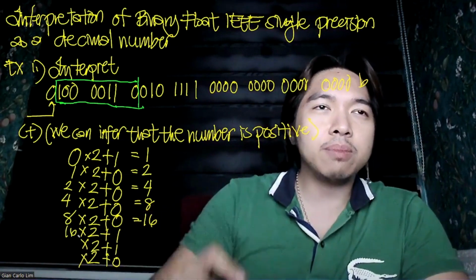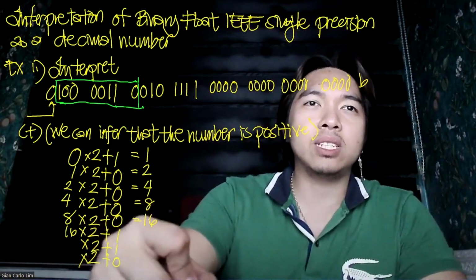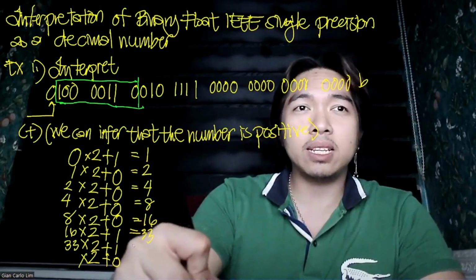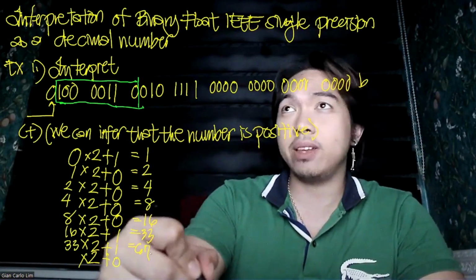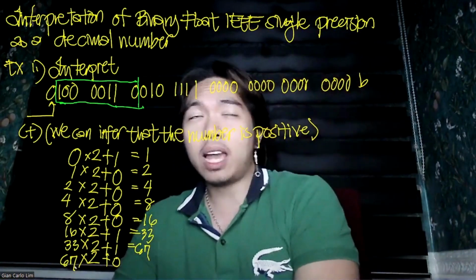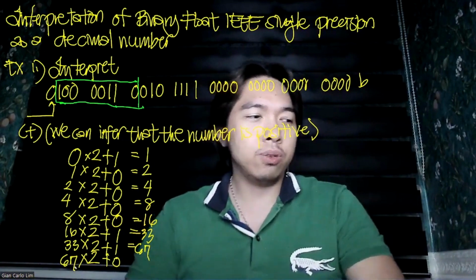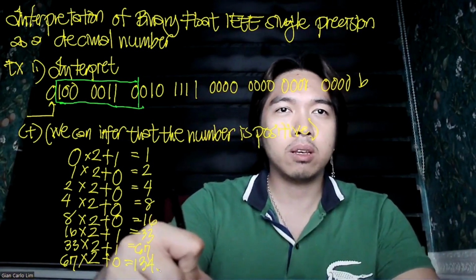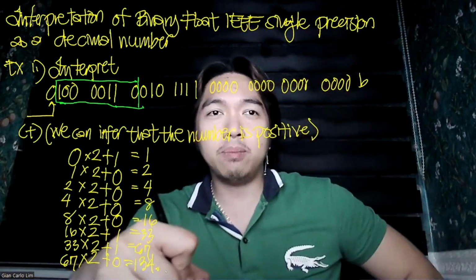So, 16 times 2 is equals to 32 plus 1. So, that is 33. 33 times 2, so that is 66 plus 1, so that is 67. And 67 times 2 plus 0 would then be equal to 134. So ito ngayon yung exponent natin in base 10.